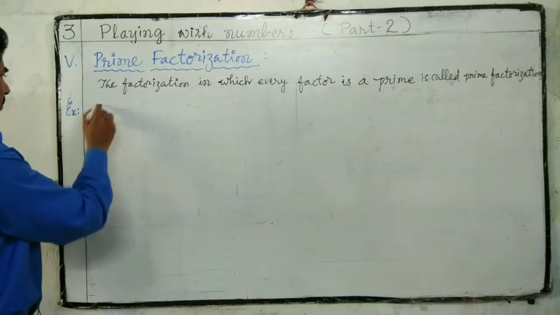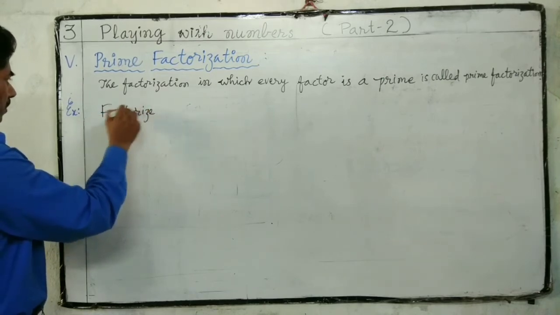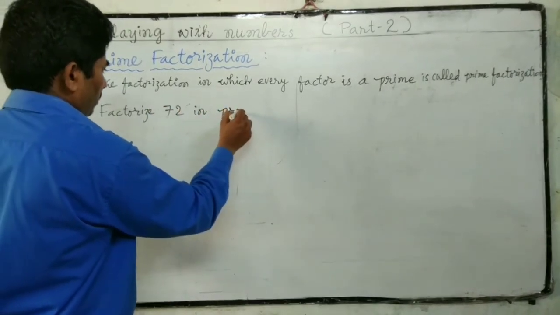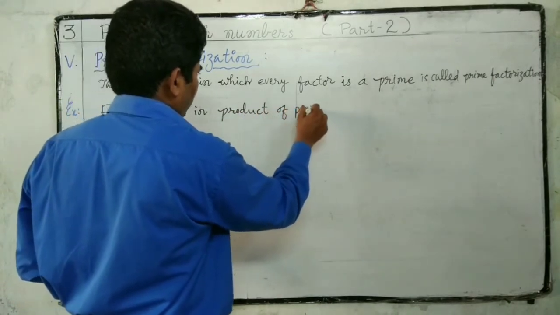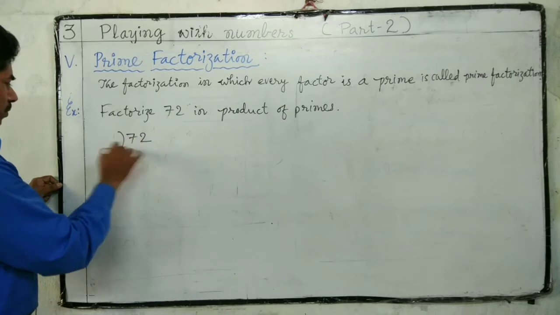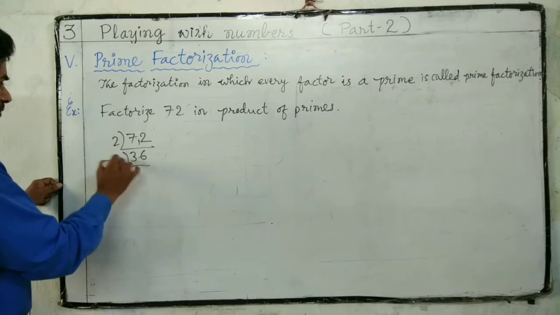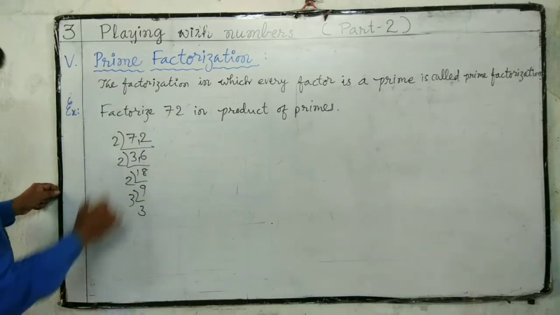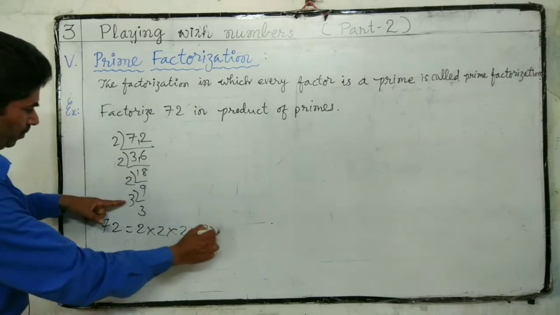Factorize 72 into a product of primes. 72: 2 threes are 6, 2 sixes are 12, 2 ones are 2, 2 eights are 16, 2 nines are 18, 3 threes are 9. So 72 is equal to 2 into 2 into 2 into 3 into 3.